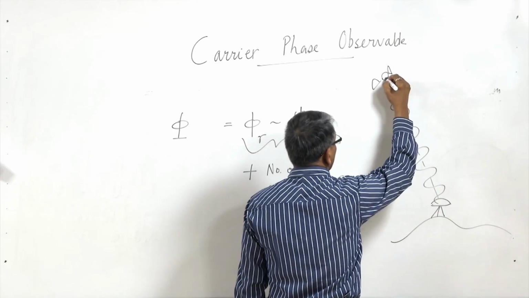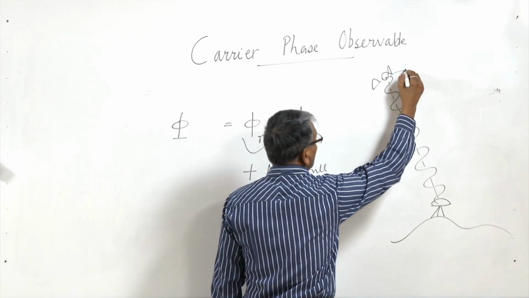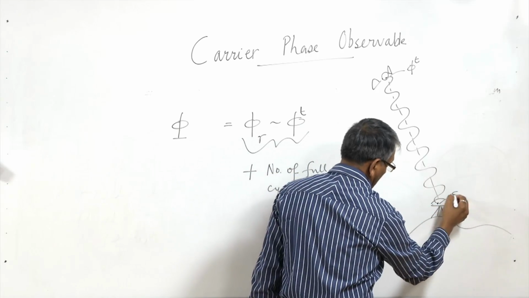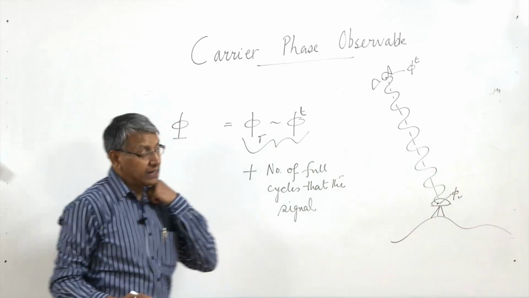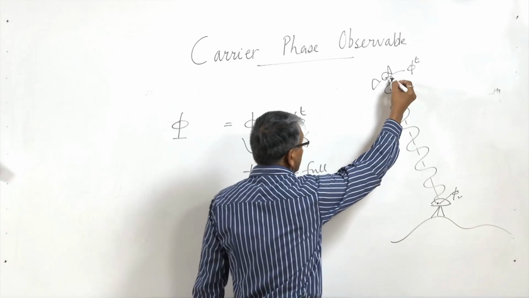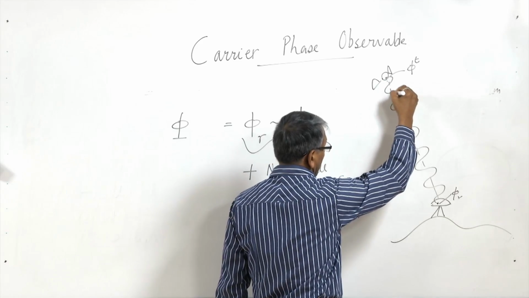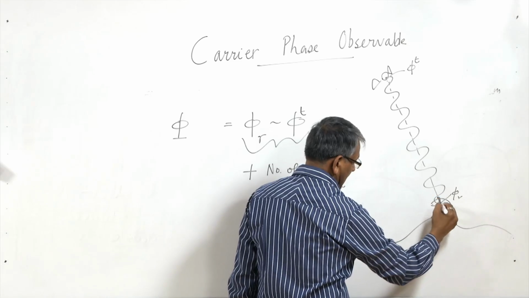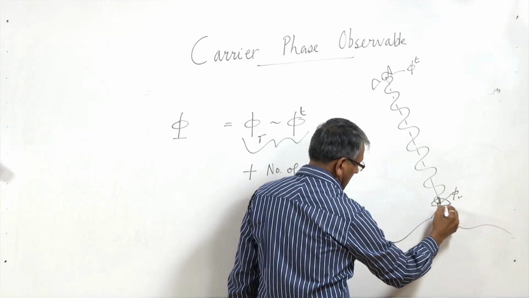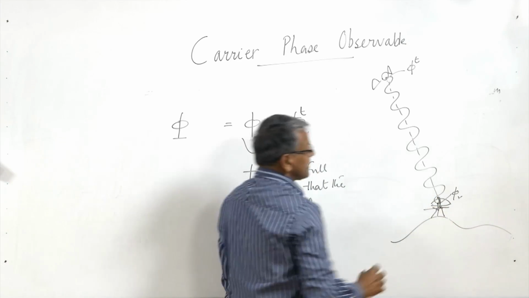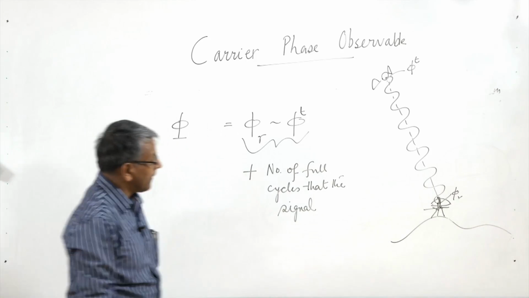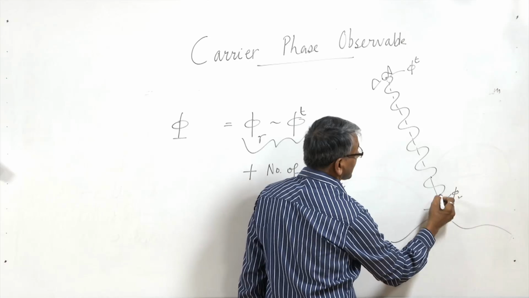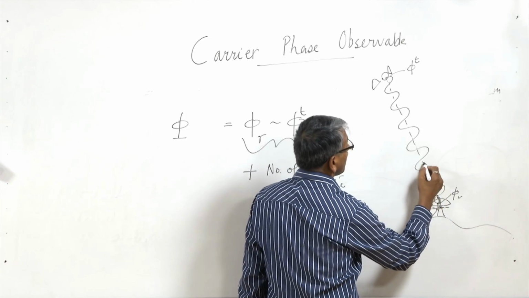So we can see that there is a phase transmission and a phase reception, but in between these two phases, there is a difference between transmission and reception, and apart from that there will be full numbers of cycles.